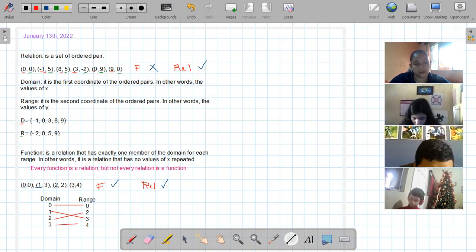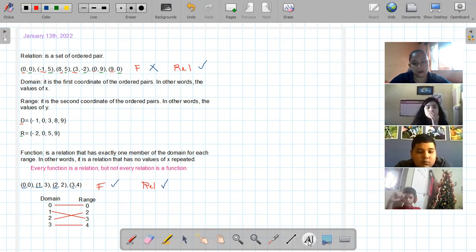And 3 goes with 4. Is there any line coming twice from one domain? No. So it is a function. That's how we determine if it is a function or not. Questions? No questions so far.